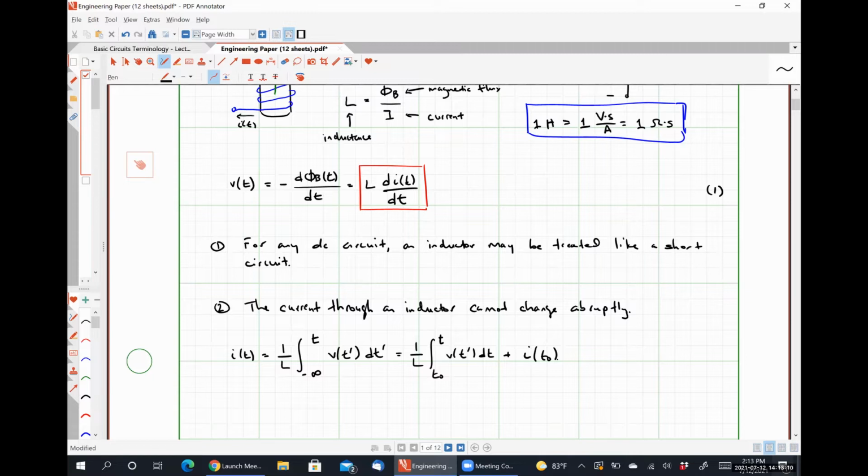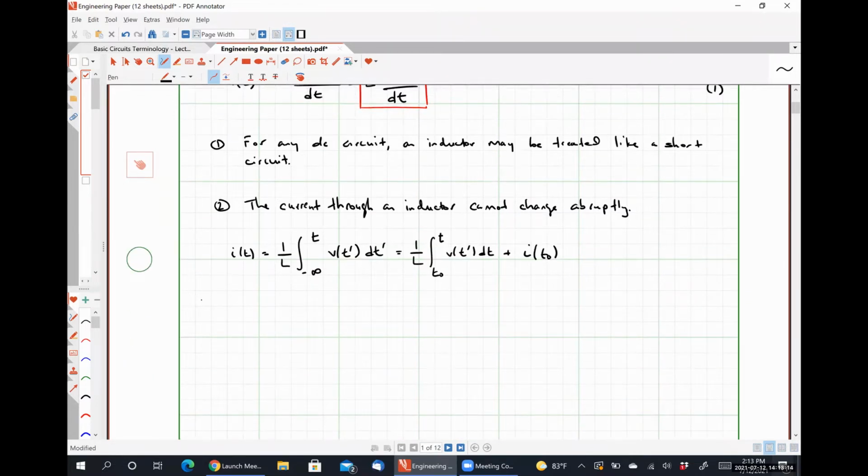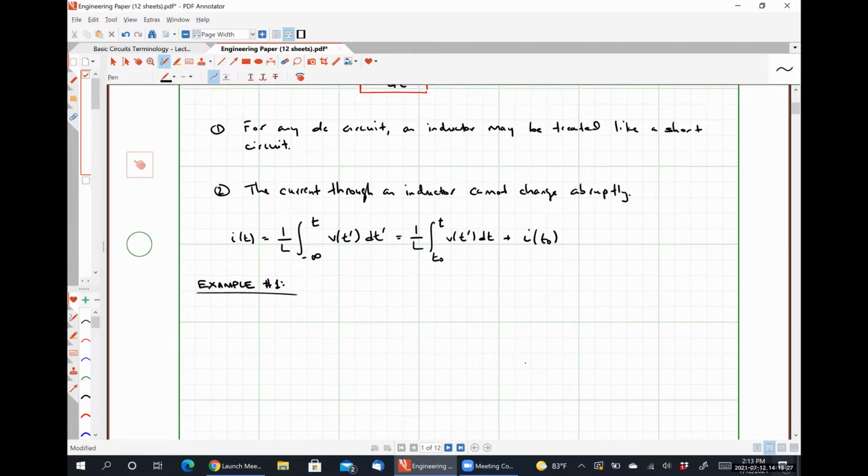So I want to work a quick example problem here. Let's say that we have the following inductor having a value of 5 henries.